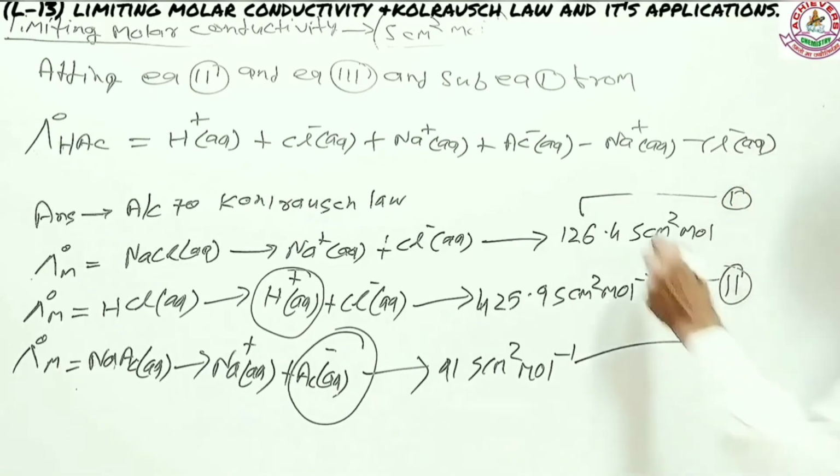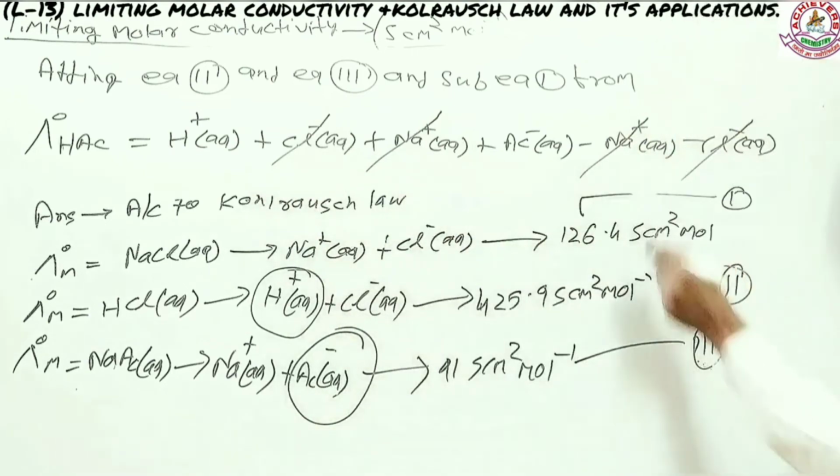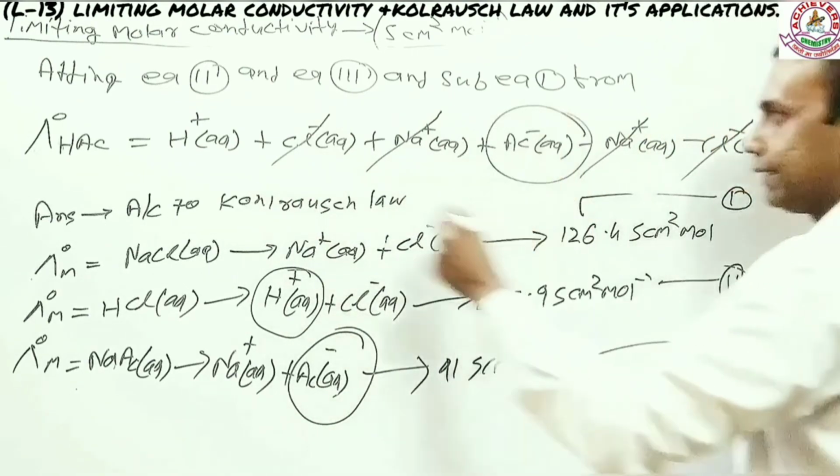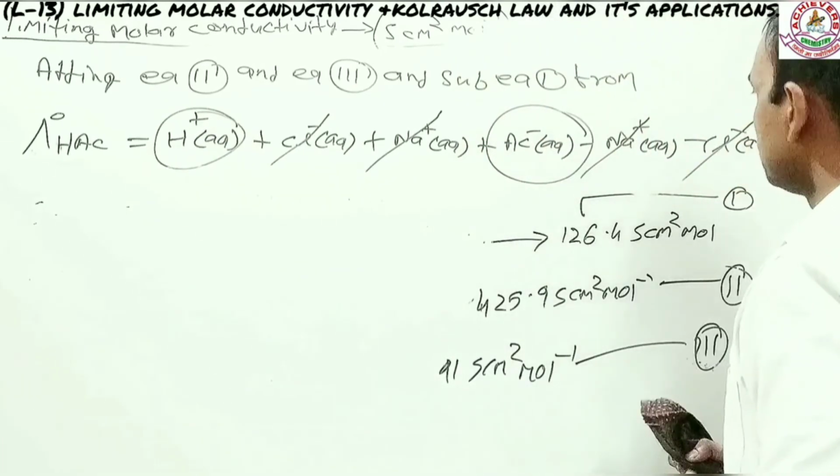The sodium ions get cancelled out, the chloride ions get cancelled out. So what do we obtain here? Acetate and hydrogen ion.